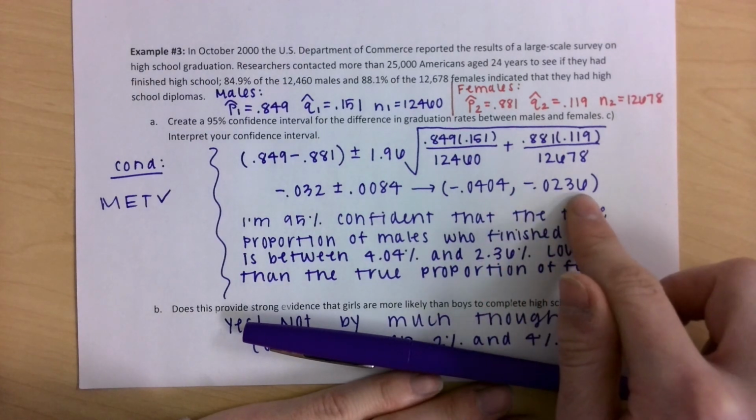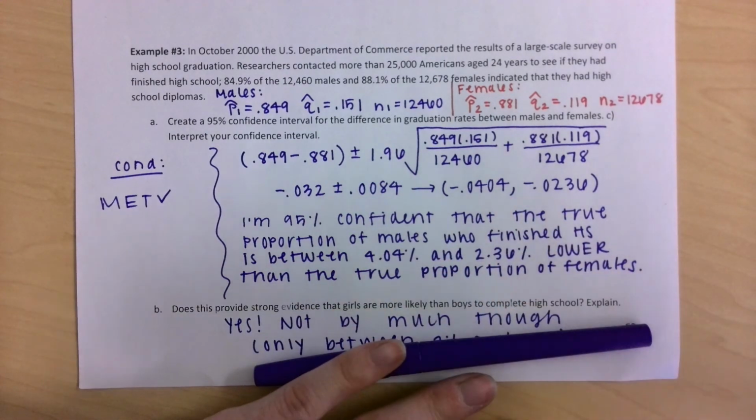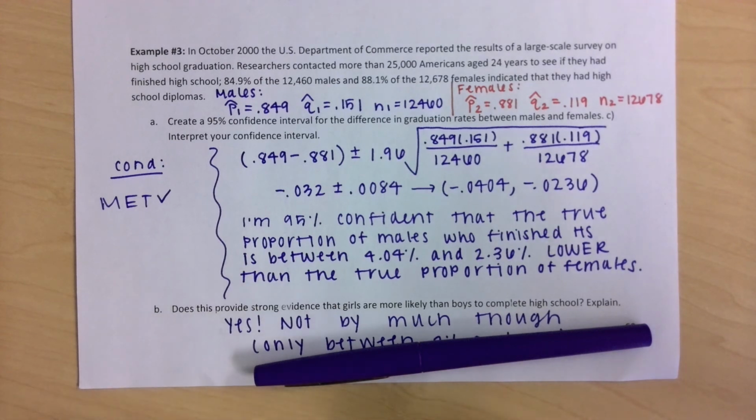So if you did males minus females, you should get negative 0.0404 and negative 0.0236. This means that I'm 95% confident that the true proportion of males who finished high school is between 4% and 2% lower than the true proportion of females.